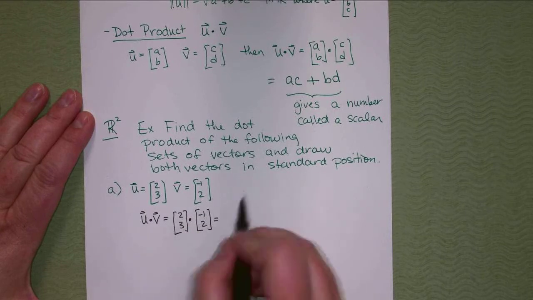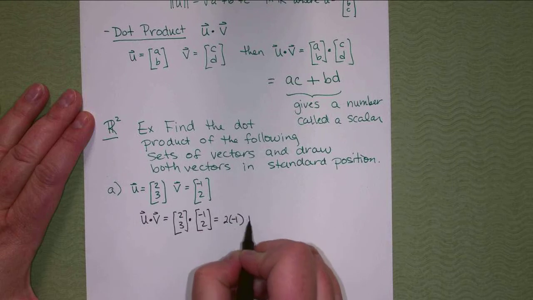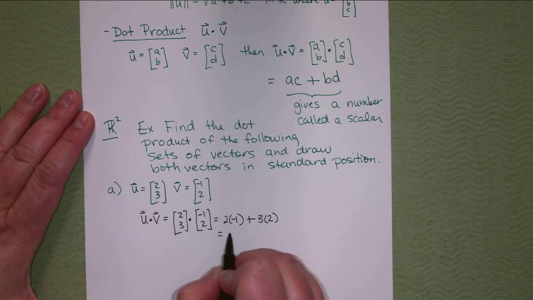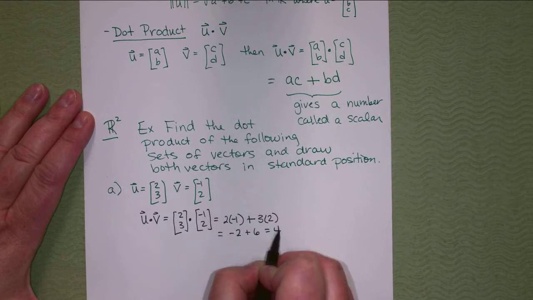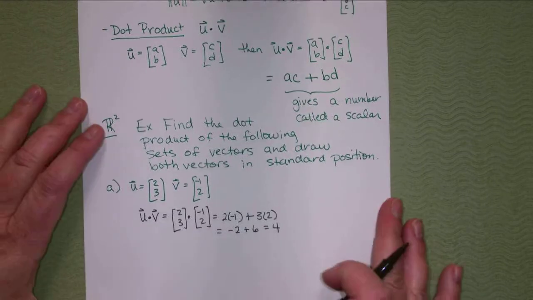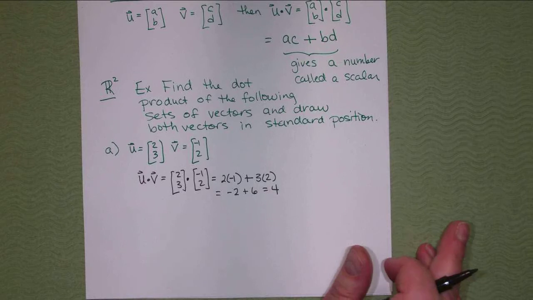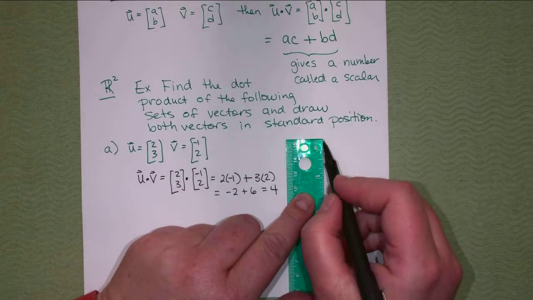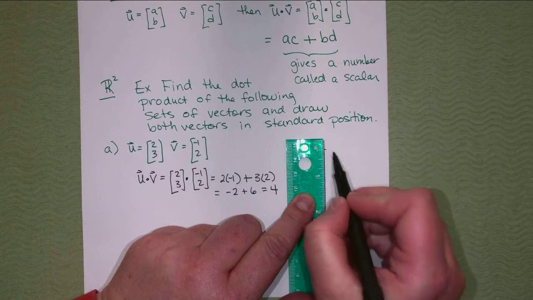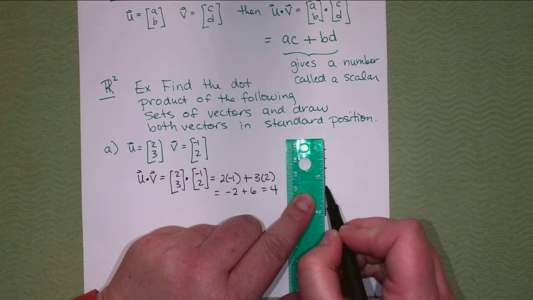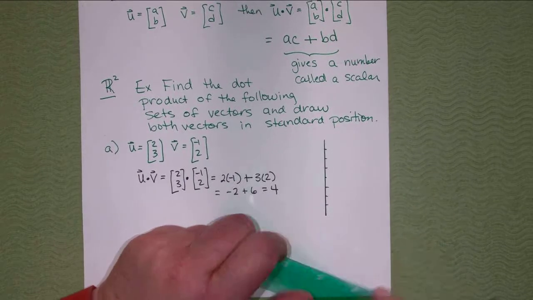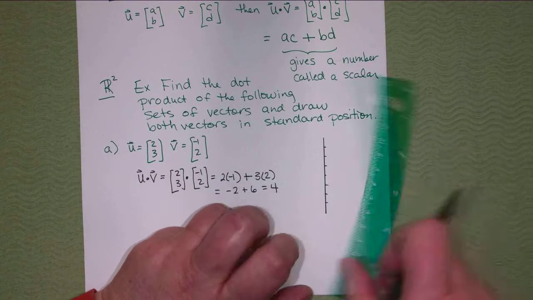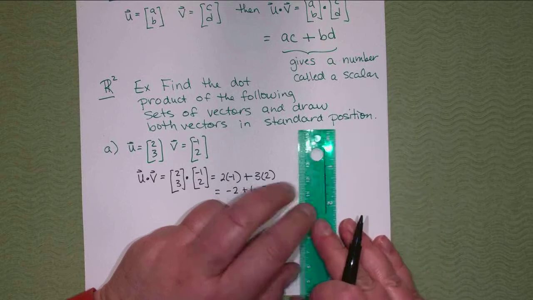So 2 times -1 plus 3 times 2. So -2 plus 6 is 4. So this one gives us 4. So let's draw them.